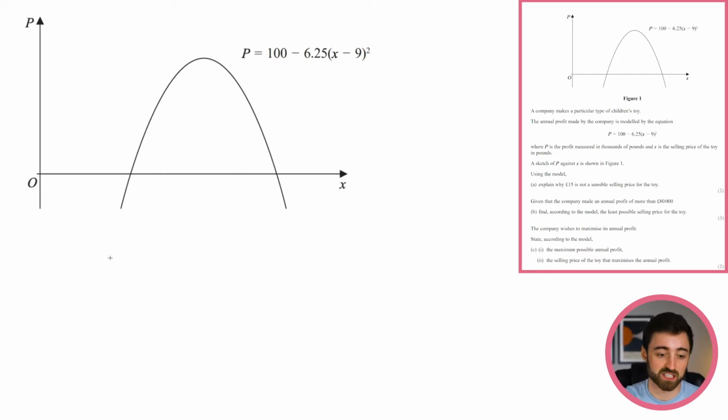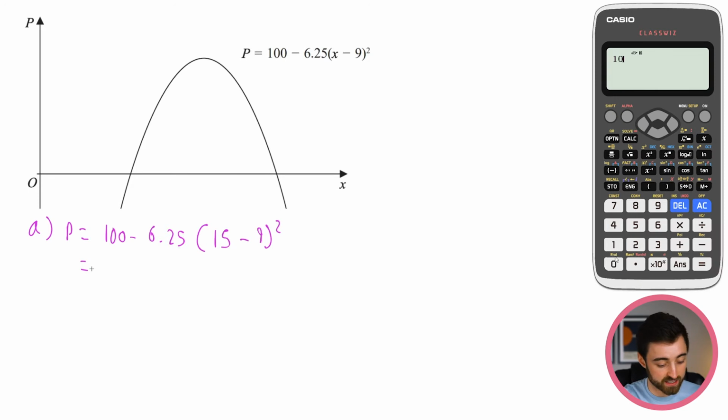It says, using the model, explain why 15 quid is not a sensible selling price for the toy. Well, it'd be quite easy for us to just sub 15 quid into this and see what profit we'd make out of it, right? So P would just equal 100 minus 6.25, and then X would be 15, minus 9 all squared.